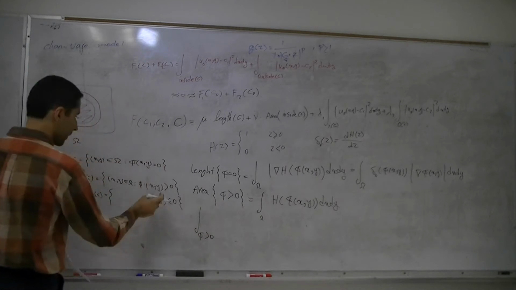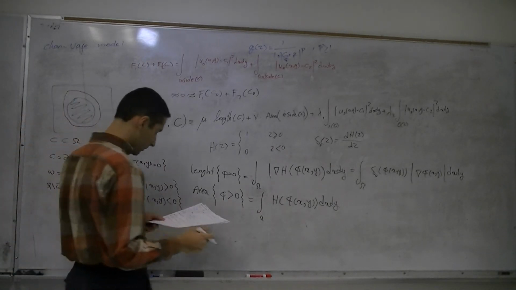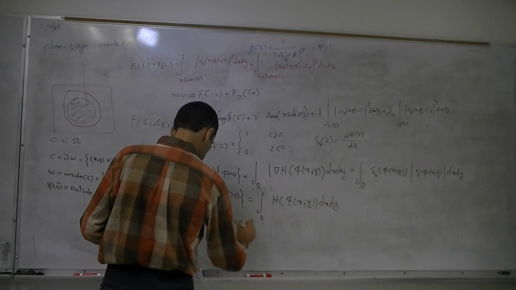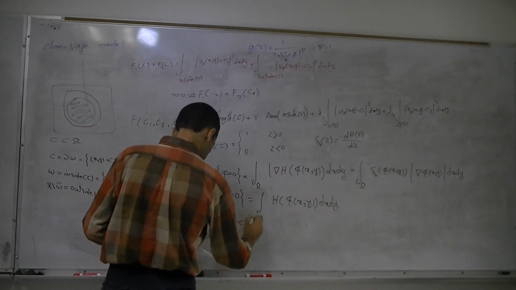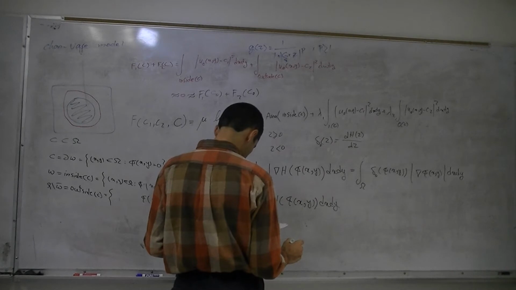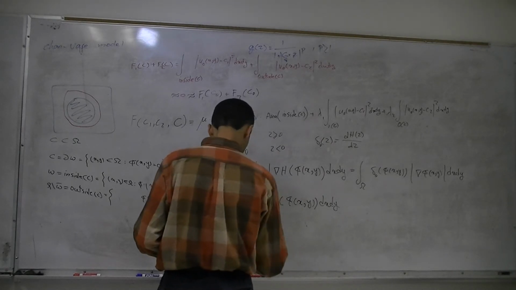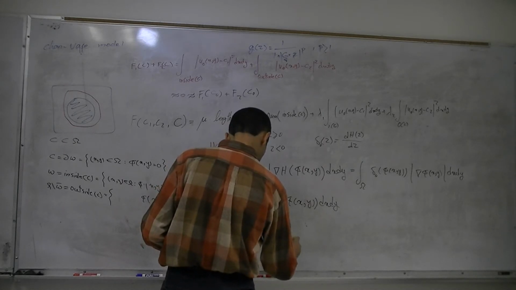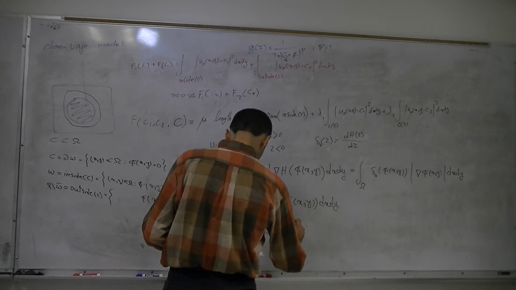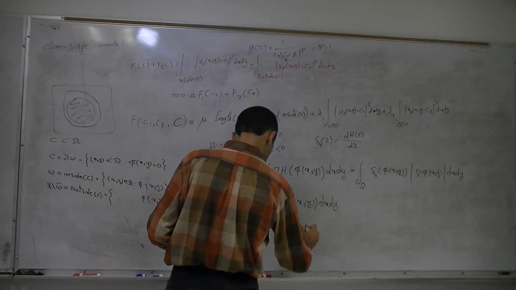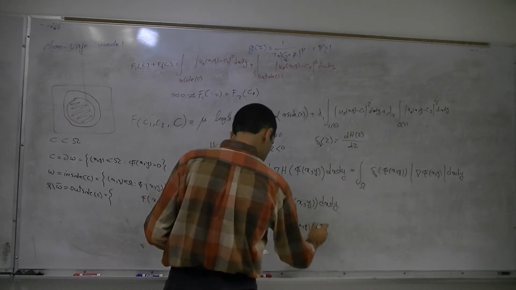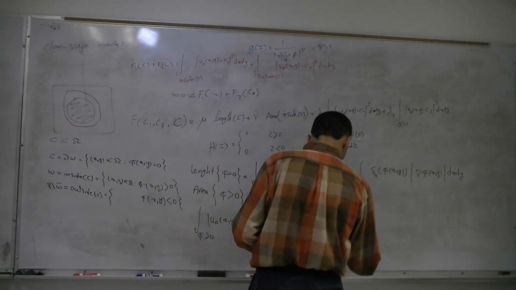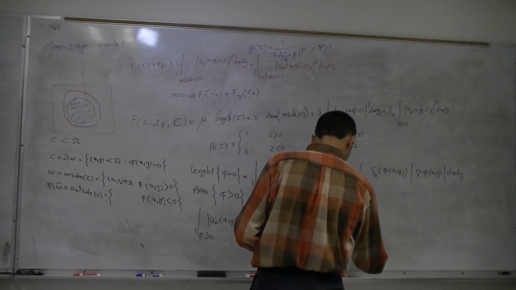It means this point is inside the curve, which is equal to the integral of the intensity u0 of x, y minus c1, squared, dx dy, that I can rewrite as the integral over omega of u0 of x, y minus c1 squared, multiplied by h of phi x, y, dx dy.